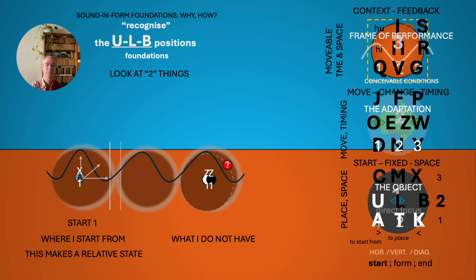But no, I start again from what I have, from the focuses that I have, that I know, that like you have that in A, but I will make it a relative state.